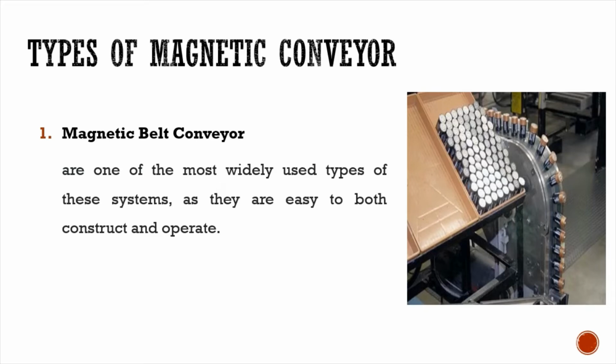A belt is magnetized from below with either a large permanent magnet frame or a series of electromagnets, which causes any magnetic materials to stick to the conveyor belt. The conveyor functions identically to belt conveyors, but it has the added advantage of being able to convey its materials in almost any direction.